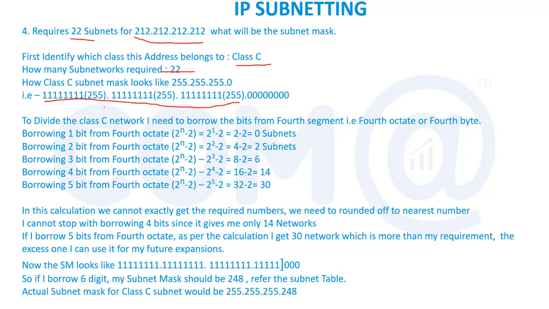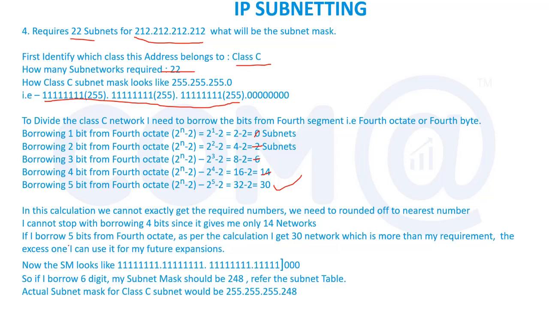What we have to do is again do the calculation. 0 subnets, 2, 6, we're getting 14, but I need 22. So I have to go on and stop with borrowing 5 bits. This is the one which is nearly matching, so I can choose this one.